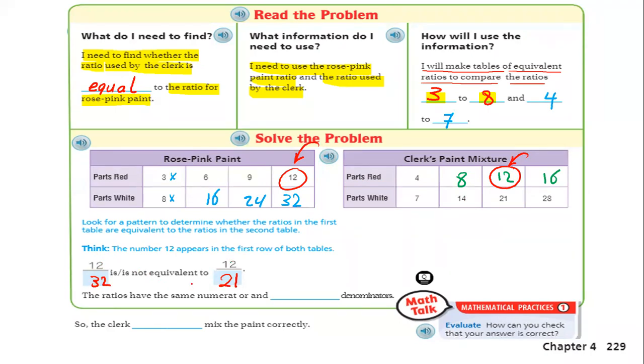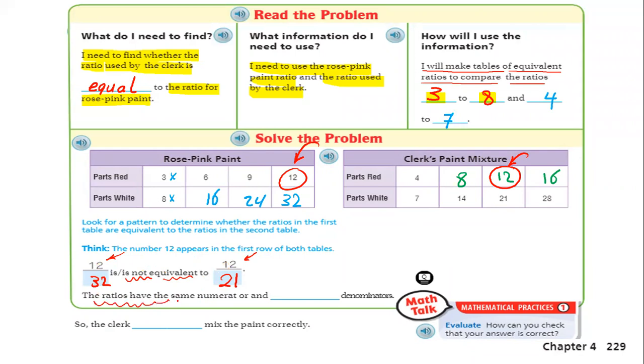Can you compare between them if you have the same numerator? Which one is greater than the other? 12 over 21 is greater. So are they equivalent or not equivalent? No. 12 over 32 is not equivalent to 12 over 21 because 12 over 21 is greater than 12 over 32.